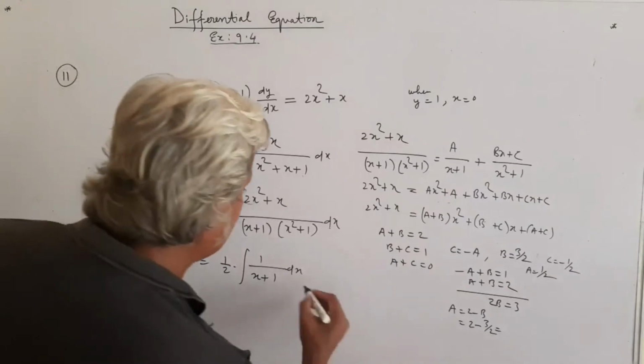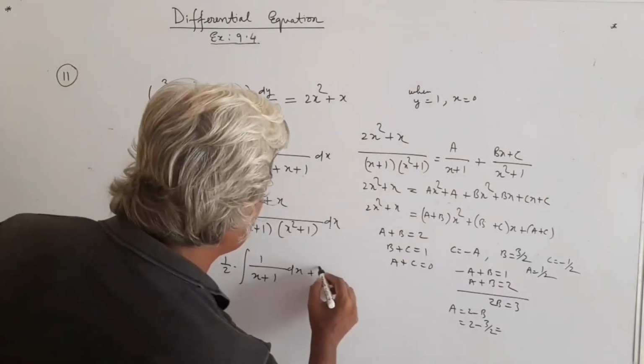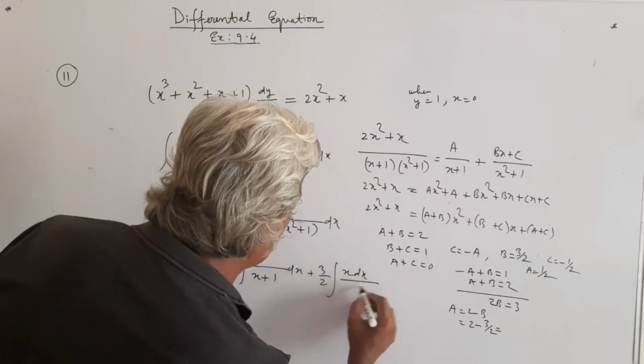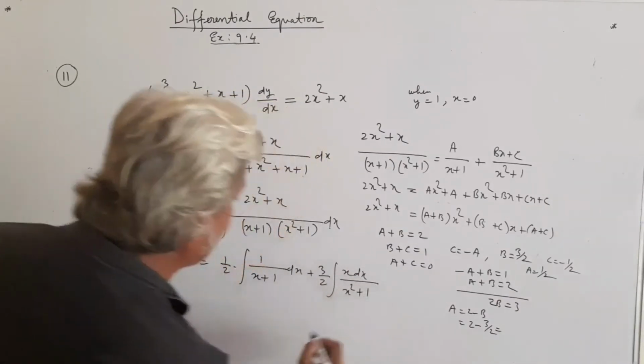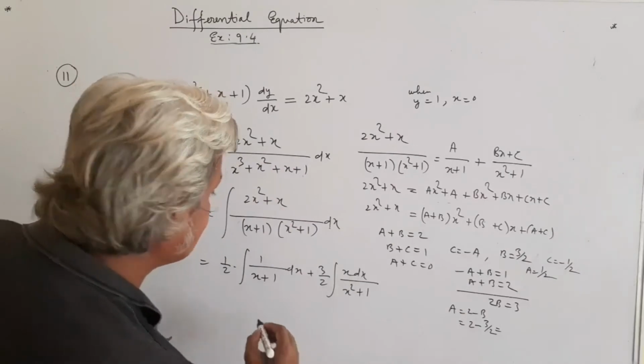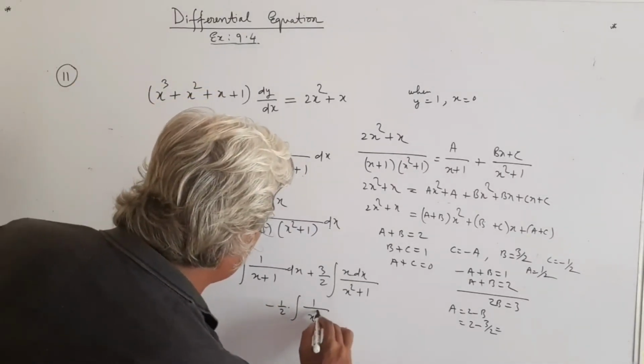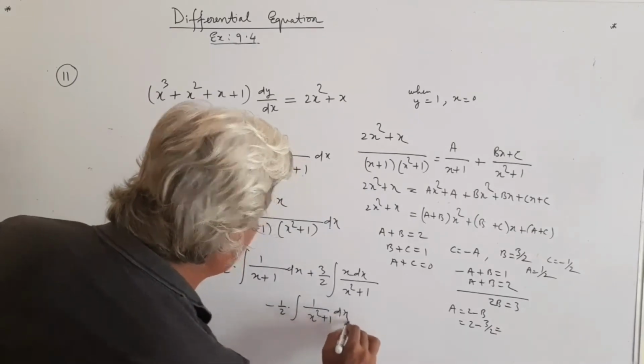So b I write outside, that is 3 by 2, and this is x dx upon x square plus 1, and c is minus half, so this is minus half integration 1 over x square plus 1 dx.